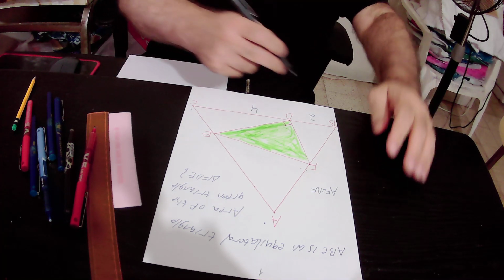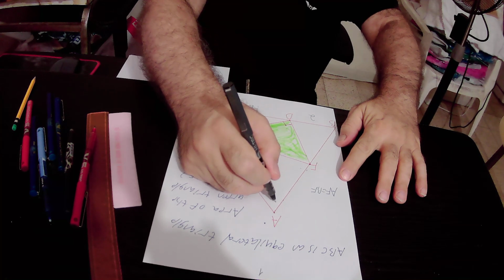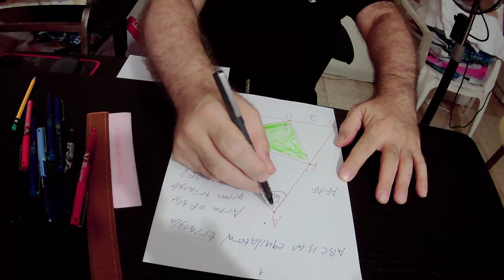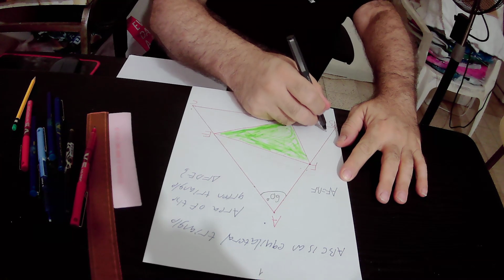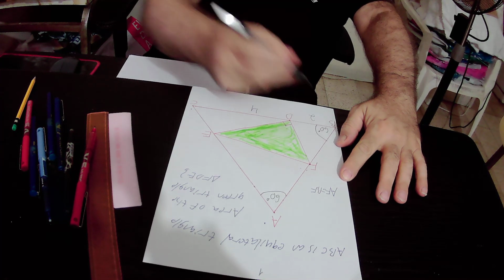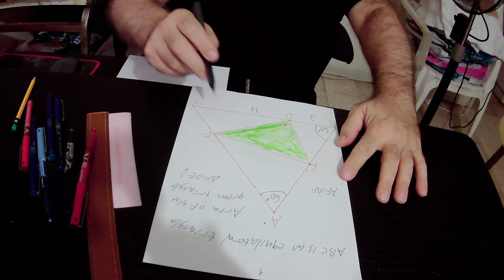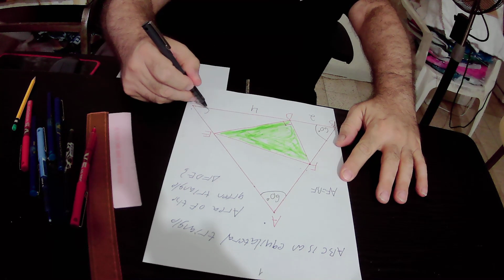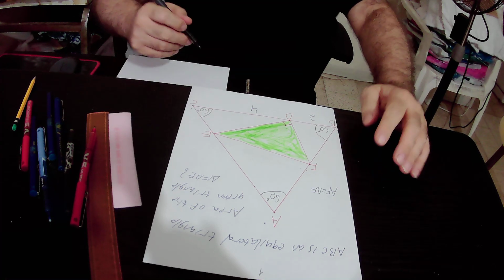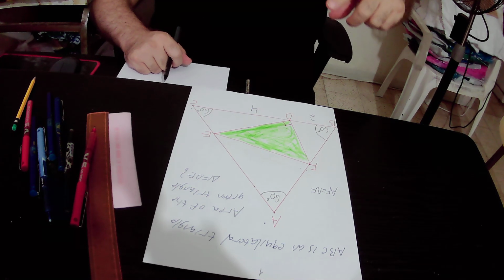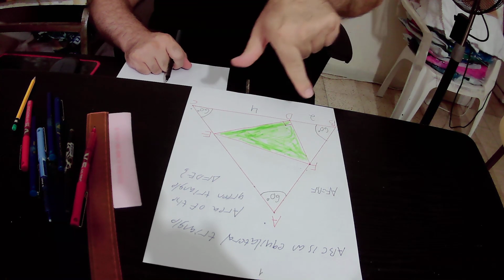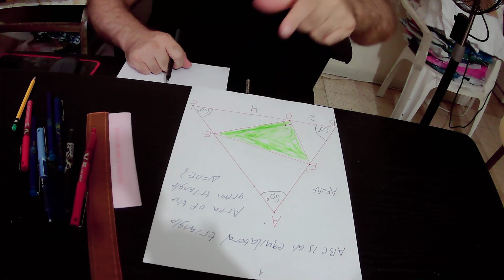So angle BAC equals 60 degrees, angle ABC equals 60 degrees, and also angle BCA equals 60 degrees, and all the sides of an equilateral triangle are equal to each other, so AB equals BC equals AC.